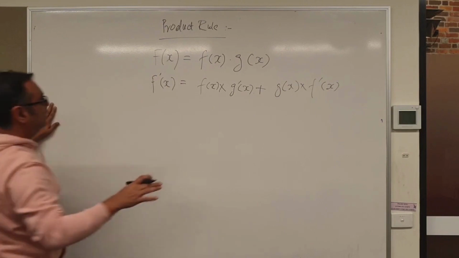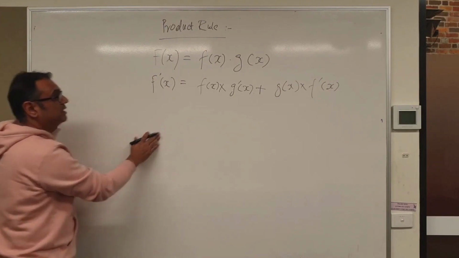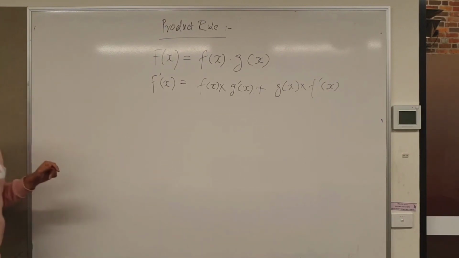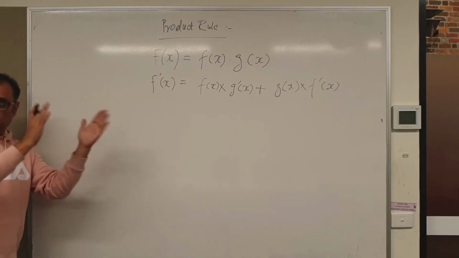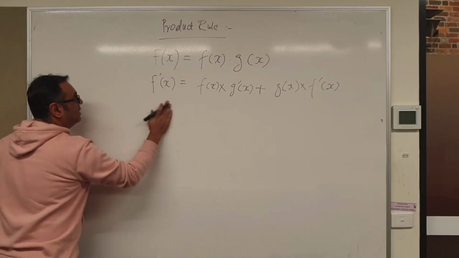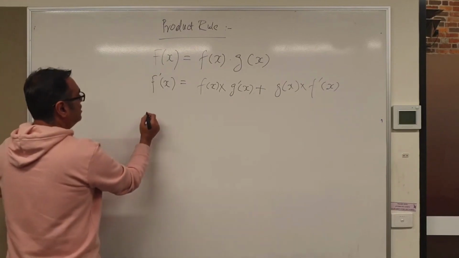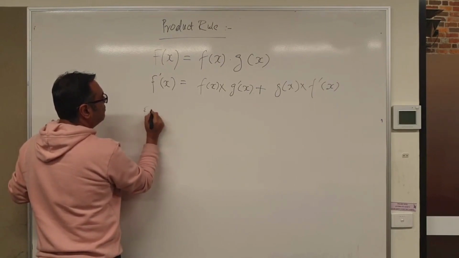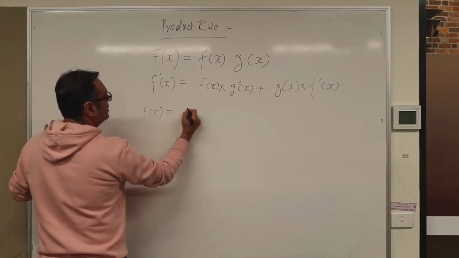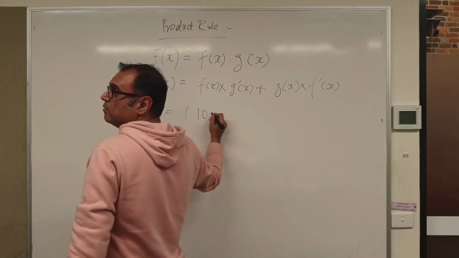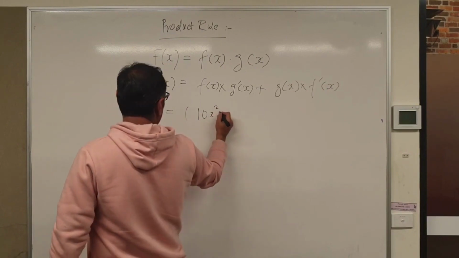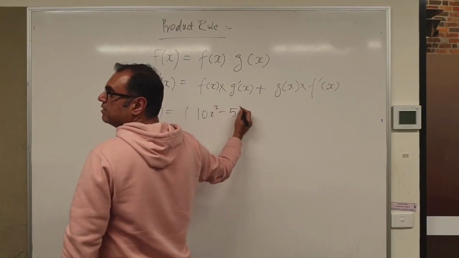Anyway, till the time you get your stuff out. One thing that we need to note here: let's say you've got to solve the same thing, but it says f of x is 10x squared minus 5, whole cubed.